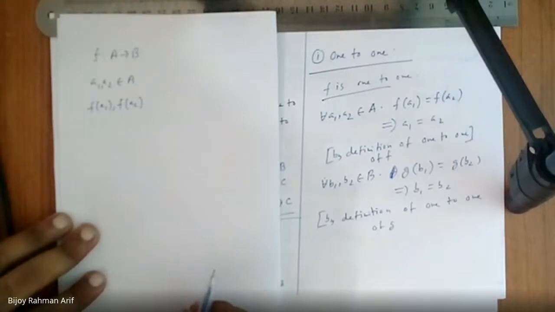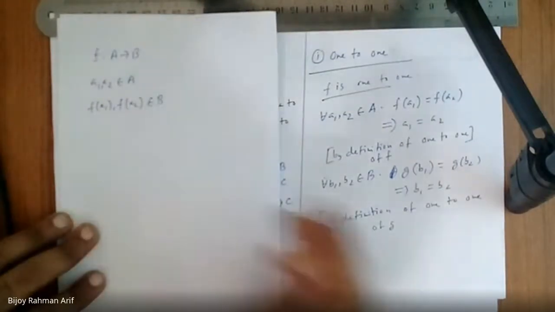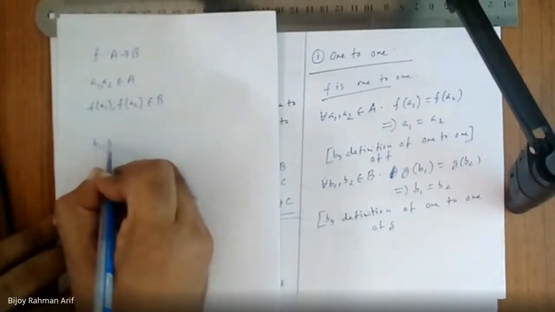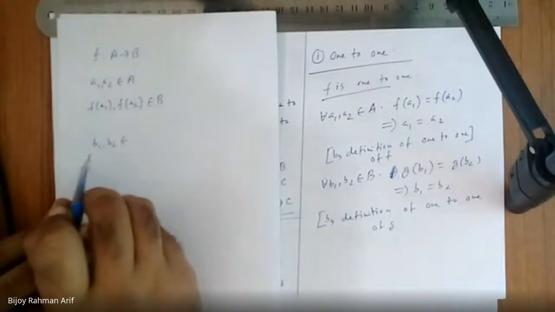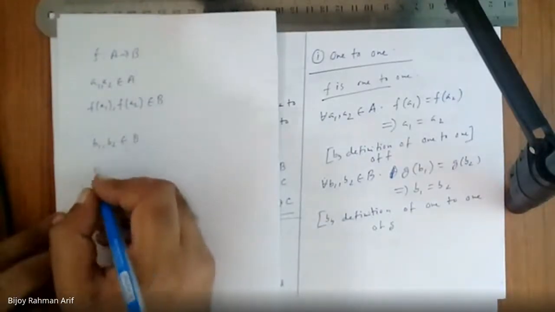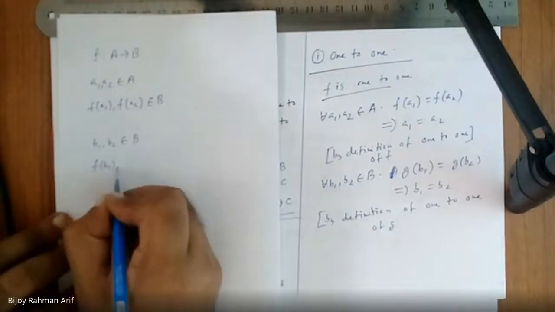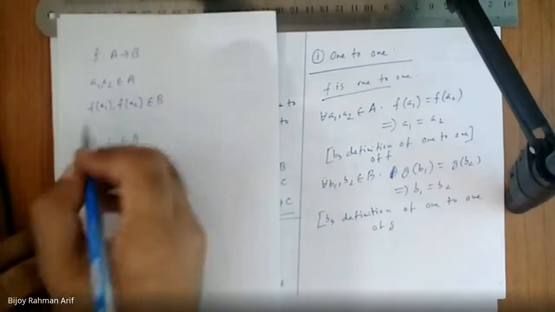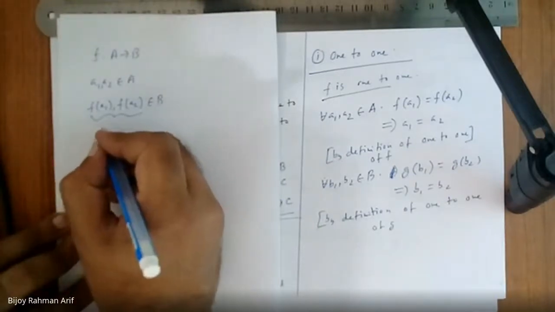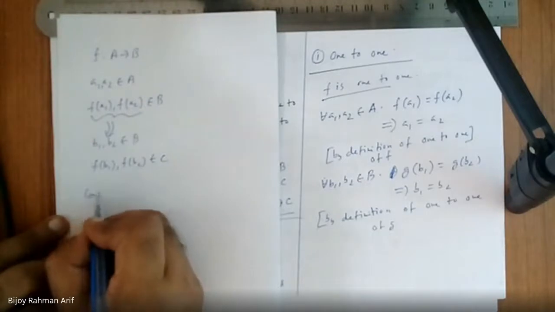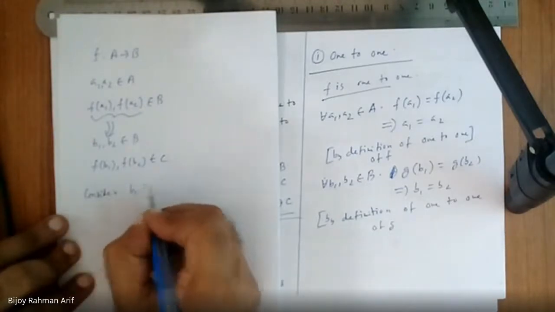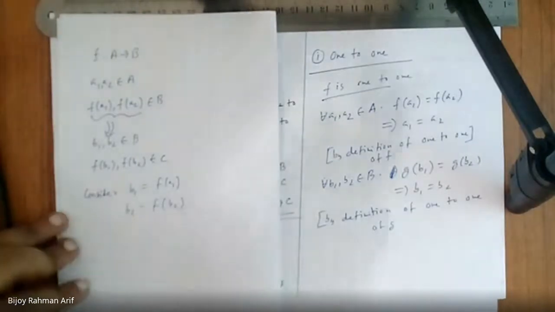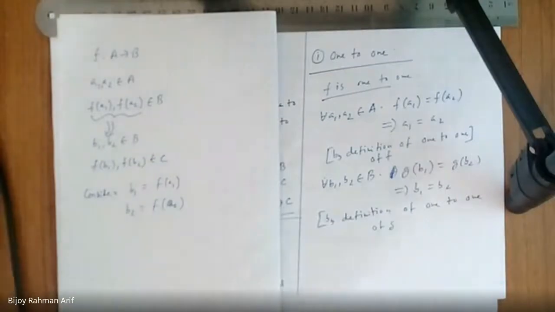They belong to B. And in this case, B1 and B2 belong to B, and G(B1), G(B2) belong to C. Why don't we consider B1 equal to F(A1), B2 equal to F(A2)? It is possible.